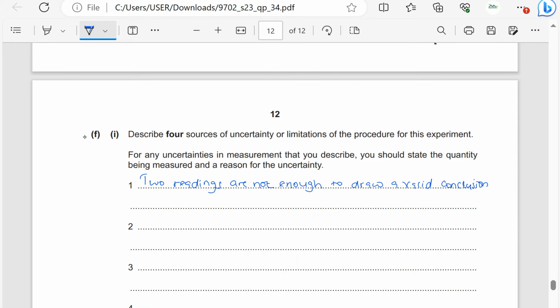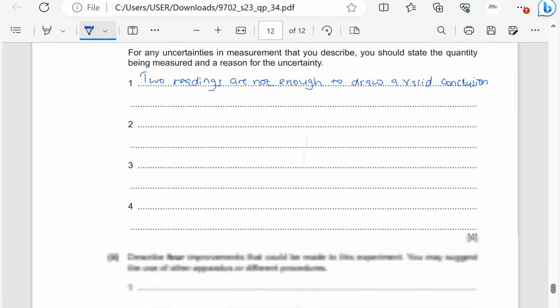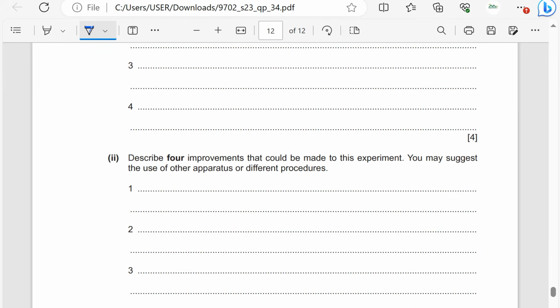Because we have calculated only 2 K values, it means we have only 2 readings, so they are not enough to draw a valid conclusion. So you take more readings and plot a graph.